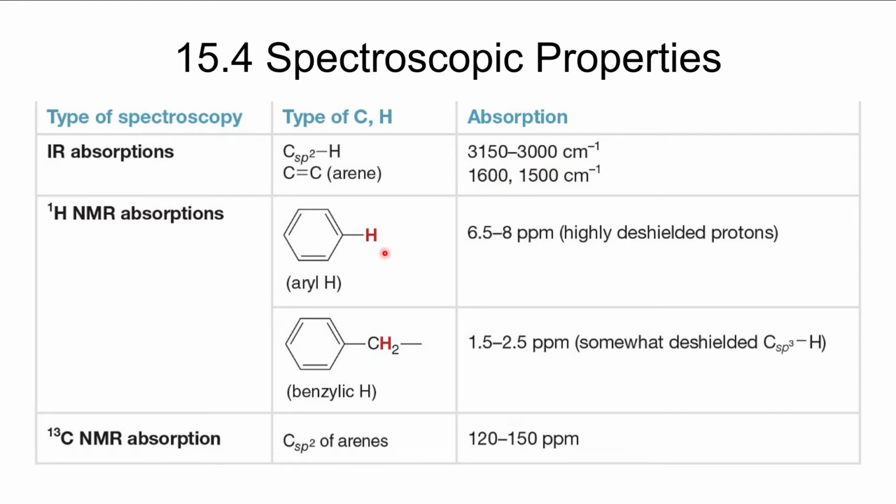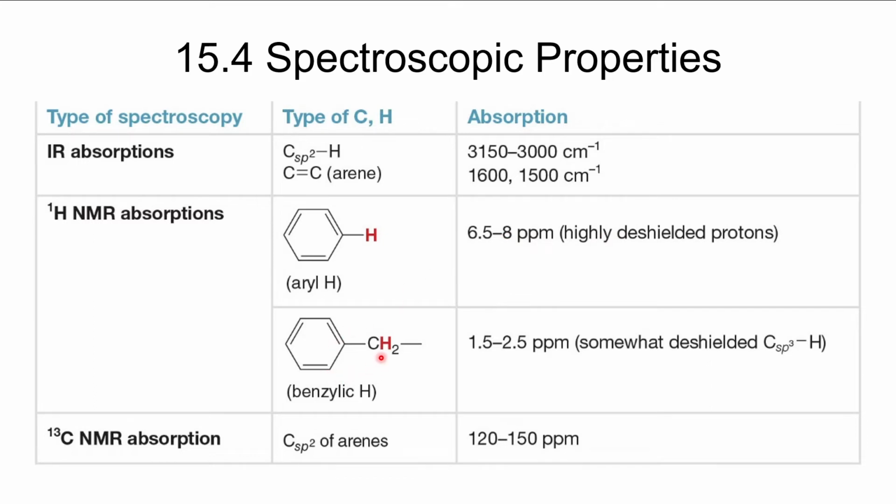For proton NMR are aryl hydrogens. The hydrogens that are directly connected to the benzene ring are going to have absorptions out at 6.5 to 8. They're highly deshielded protons. And that's because of the aromatic ring. So 6.5 to 8 parts per million.